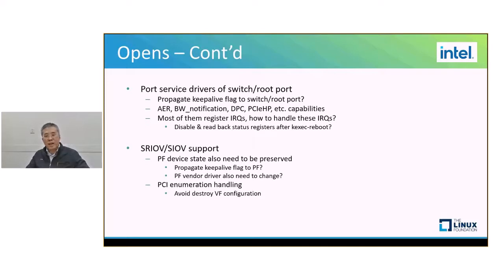They may register IRQs for different PCIe capabilities. Can we just disable them when Keepalive operation starts and read events back from their status registers after reboot and re-inject those events into guest? And what about SRIOV and SIOV support? PF device states also need to be preserved. How do we do that?